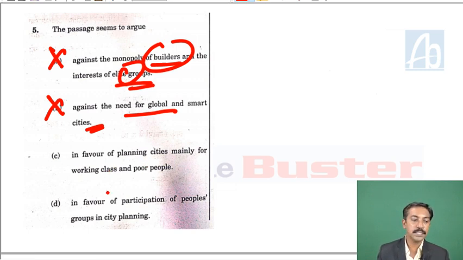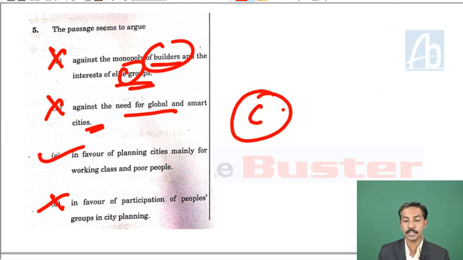From the last sentence, we can eliminate option D. We are not discussing participation of people's groups; rather, people's experience should be taken into account while a city is planned. Going by the last sentence, we can choose C as the answer. For question number 5, option C is the answer.